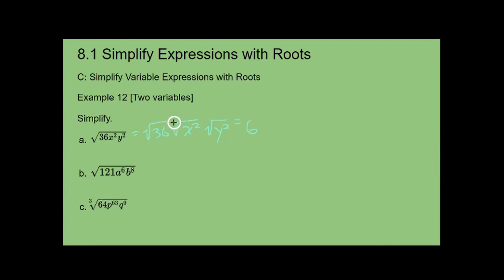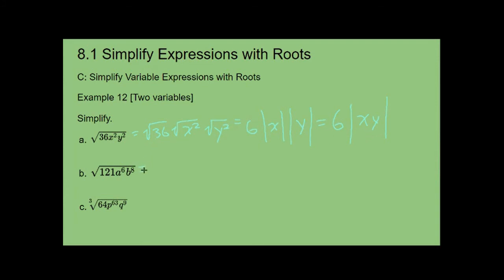And then if we're taking the square root of something squared, those are even, so we have to take the absolute value of x, and the square root of something squared, that's another absolute value of y. Now we have the 6 times the absolute value of x times the absolute value of y. We can combine the x and the y in one absolute value symbol, so we can get 6 times the absolute value of xy, and that's the simplified version.